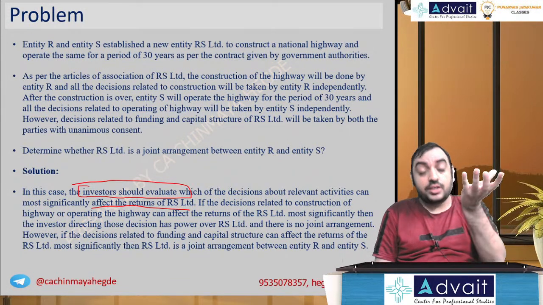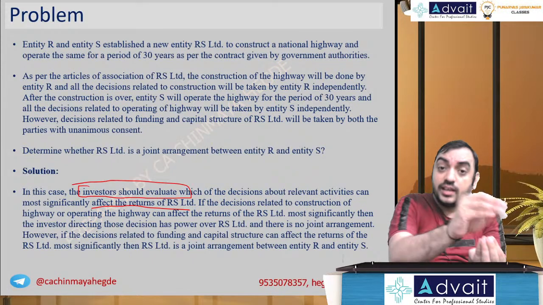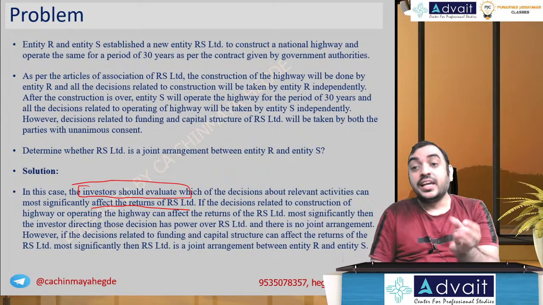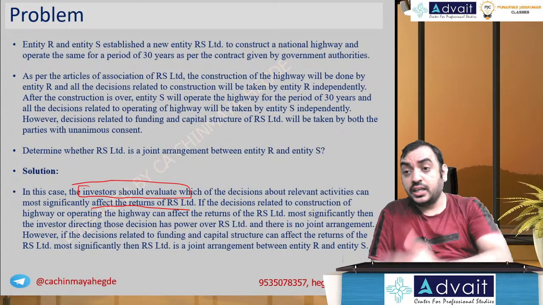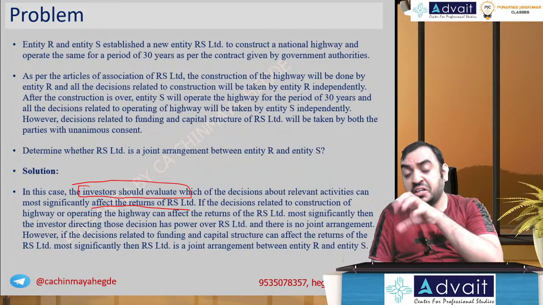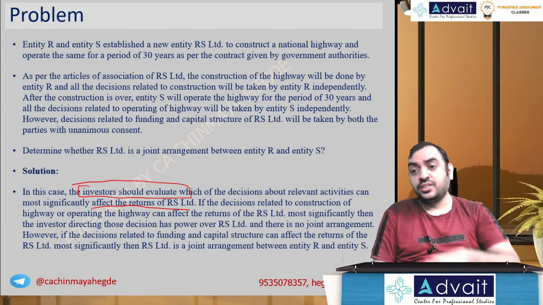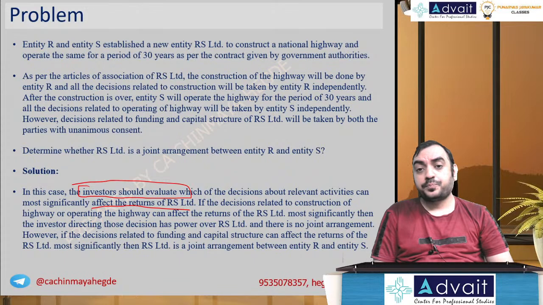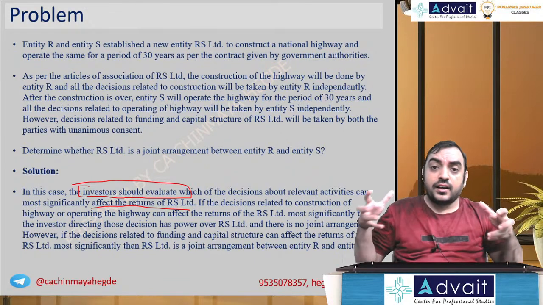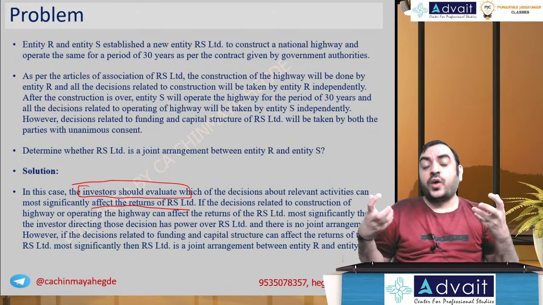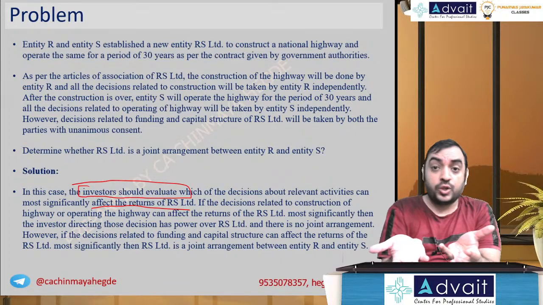If construction is relevant, then R Limited will have the control. If operation is more critical, more significant, more relevant for the existence of the organization, then that is more relevant. Or if funding and capital are required, in that case both make a unanimous decision.